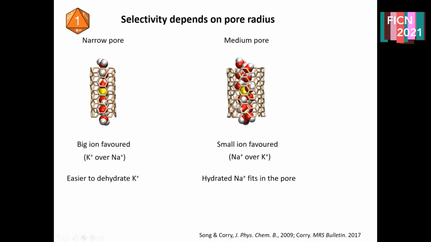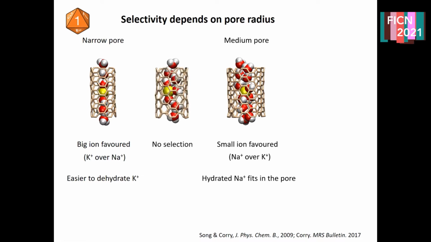But if we choose what I think of as a medium-sized pore, we actually get the reverse effect. So now the small ion is favored, sodium over potassium. Why is that? It's because this pore is now big enough to fit the smaller hydrated ion with its water molecules, but the larger potassium can't fit in with its surrounding hydration shell. And so in this case, sodium finds it easier to pass through than potassium.